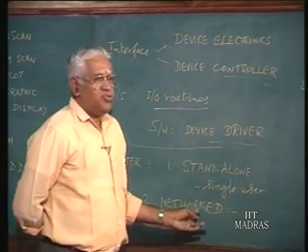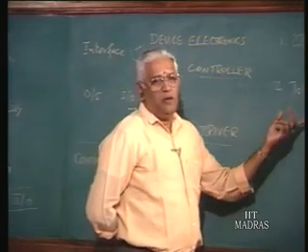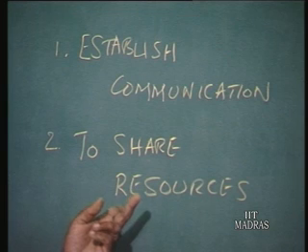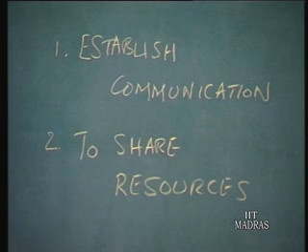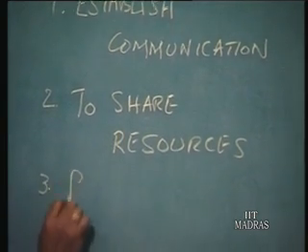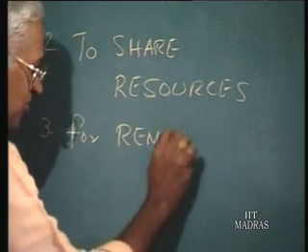Generally these resources are shared for 2 reasons. One is the data is available in common and it can be used by others, and second, you may be having very expensive things and you cannot afford to have one for each user. The third is basically remote access. What is this remote access business?